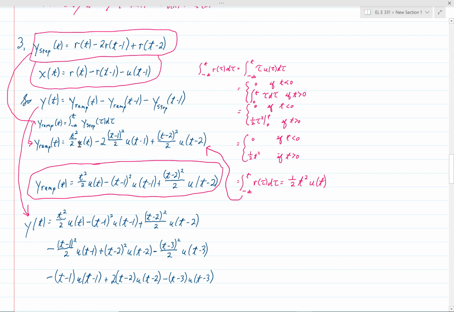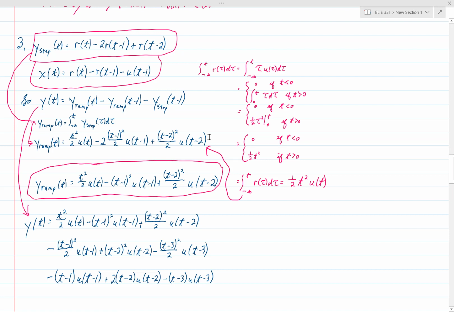Again, for r of t, we get t squared over 2 u of t. When we integrate r of t minus 1, we get t minus 1 squared over 2 u of t minus 1. So it's just the same expression, but with t replaced by t minus 1. And likewise, when we integrate the r of t minus 2, we will get the same expression, but with t replaced by t minus 2. So t minus 2 squared over 2 u of t minus 2.